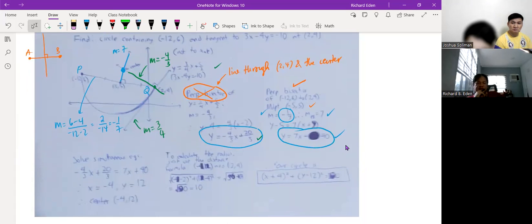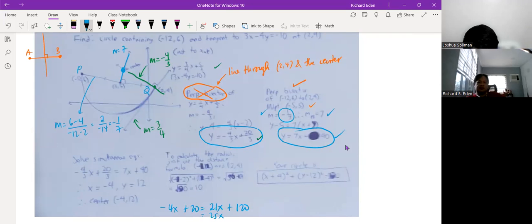So we just need to solve the simultaneous system of equations. 7x plus 40. -4x plus 20 equals 21x plus 120. So we have 25x equals -100. X is -4. And so we have -28 plus 40, so 12. So the center is -4, 12.